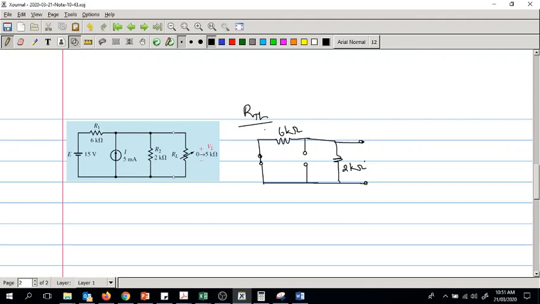We did this example, I guess, previously. Anyway, we will continue that. I don't think we need to continue, right? So this is our RTH.